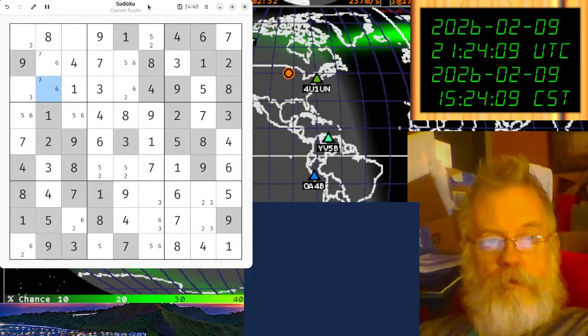Anything more out of this one? Well, this can't be a 3, so that's a 3. That means my remaining 2 digits go up in here and here, and one of those is a 5, goes up here. Make you into a 5, you into a 2, you into a 6.